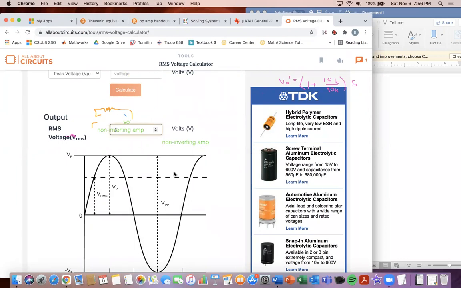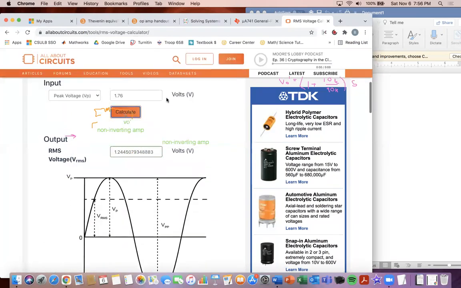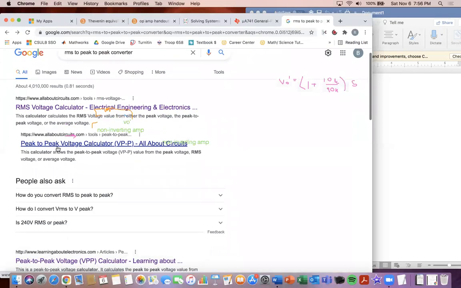I got 1.76 for my value. Let me just check that real quick and tell you guys the calculation.